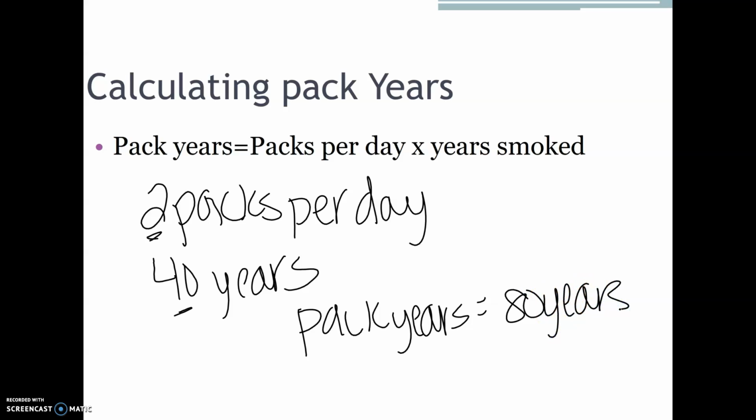So smoking 2 packs per day for 40 years is about the same as smoking 1 pack per day for 80 years. So of course, the higher number of pack years, the more likely they are to have a lung disease.